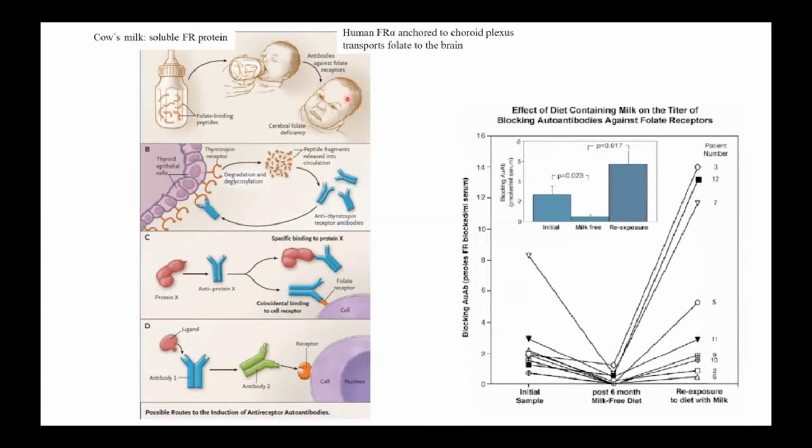When you eliminate cow's milk from the diet, you will see a significant drop of folate receptor alpha antibodies after 6 months. When you re-expose to cow's milk, you will see that there is a rise again of these antibodies.